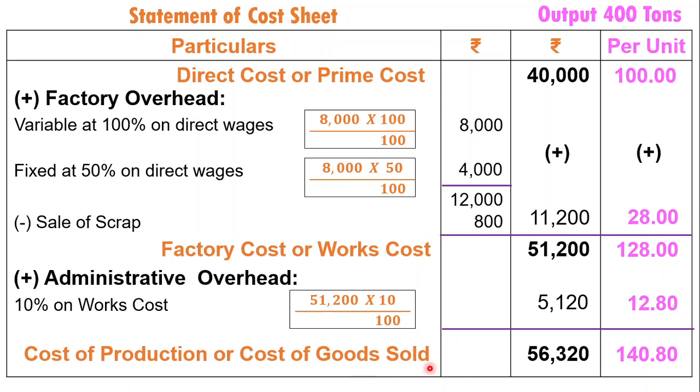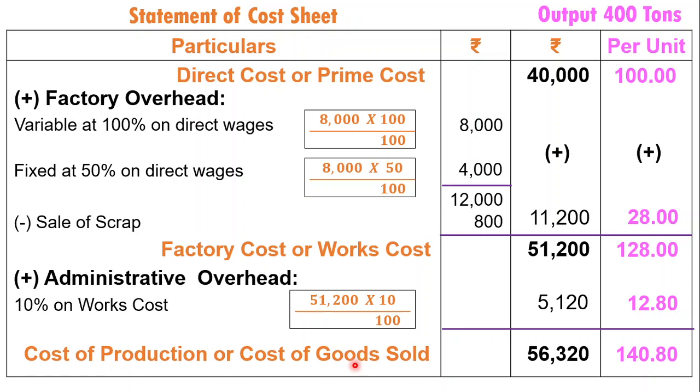Please remember, in this case, the amount of cost of production itself will become the cost of goods sold, because opening stock of finished goods and closing stock of finished goods, these two informations are not available in the given illustration. Under those circumstances, whatever the amount we calculate as cost of production, that itself is to be treated as cost of goods sold.